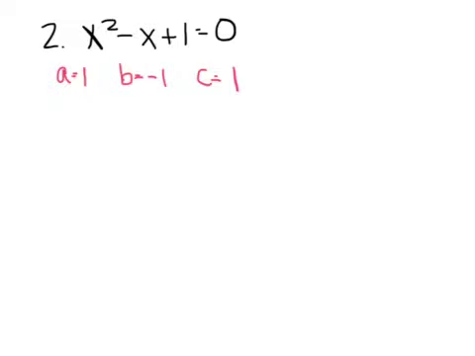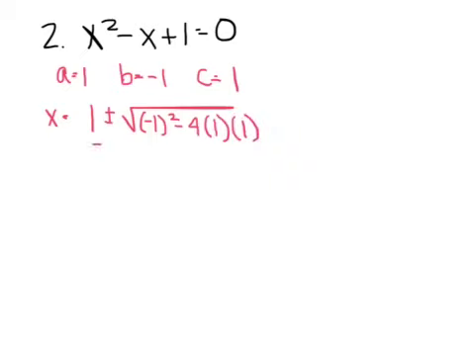Good. x equals negative b plus or minus the square root of b squared minus 4ac all over 2a.